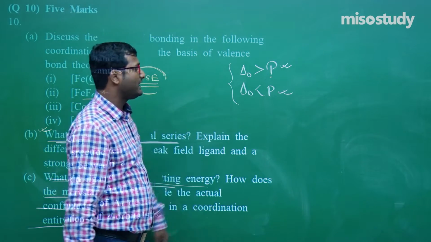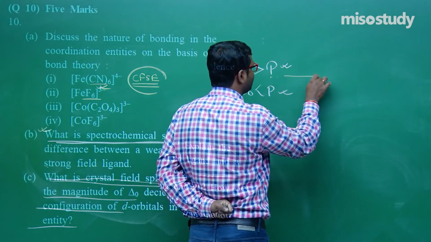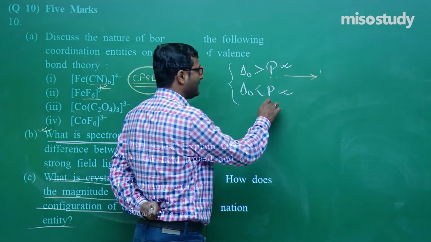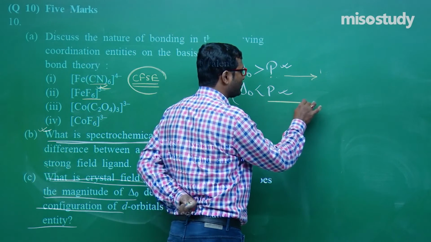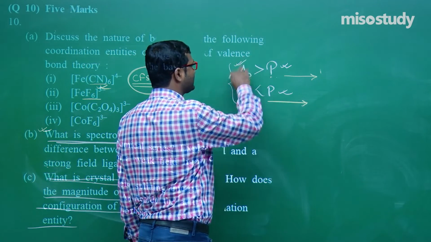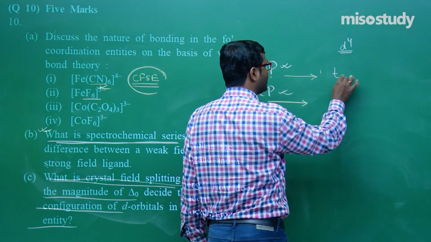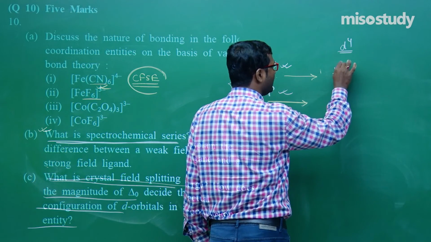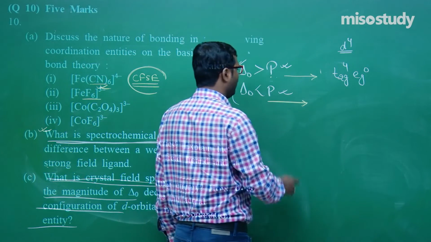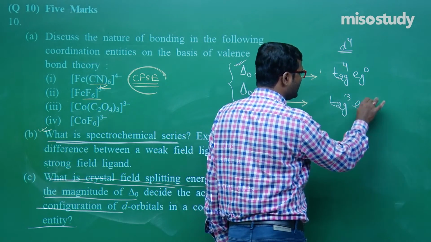If delta naught is greater than the pairing energy P, there is a formation of low spin complex, and if delta naught is less than P, there is a formation of high spin complexes. For example, for a d4 configuration, if delta naught is greater than P, it can be written as t2g4 eg0. But if less than P, it can be written as t2g3 eg1.